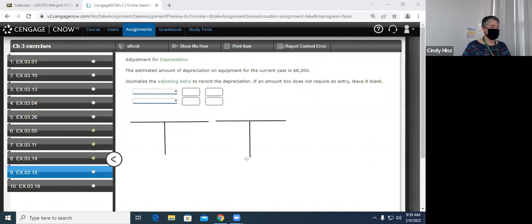And so I'm going to put actually 4 different T accounts here on the screen and walk you through the scenario so that you have a better understanding of not just how to do the entry, but why it works this way.